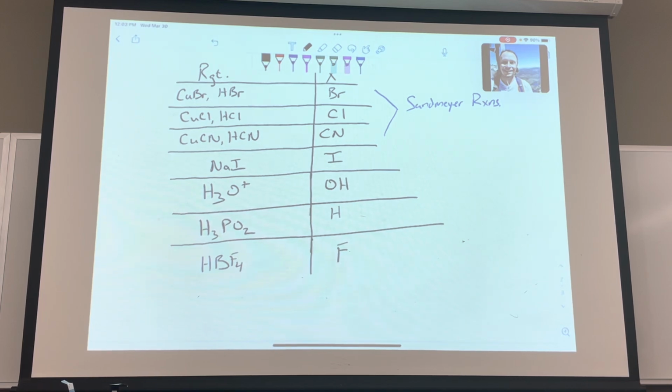Trick is that that diazonium fluoroborate salt is rather explosive. So you do have to be a little bit careful as you're trying to decompose the salt so it doesn't blow up in your face. But it can be done. And this is a named reaction. We call that the Schiemann reaction.